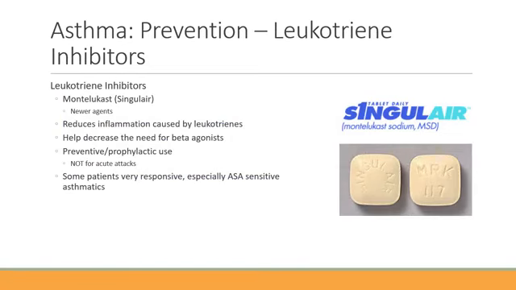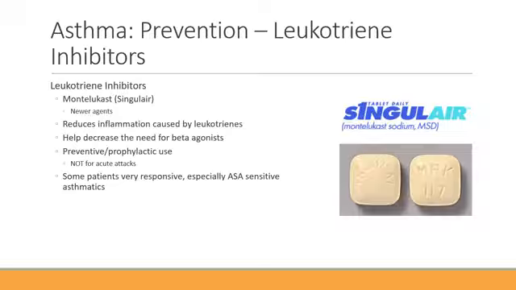Another class that's been growing in popularity are the leukotriene inhibitors, and this is otherwise known as Singulair, a montelukast inhibitor. It's a relatively new agent, and montelukast or leukotriene inhibitors function by reducing inflammation that is caused by leukotrienes.